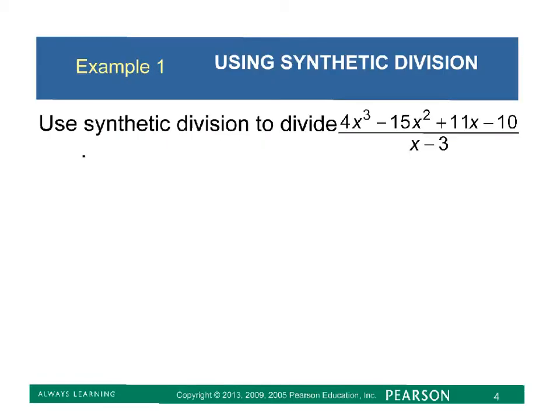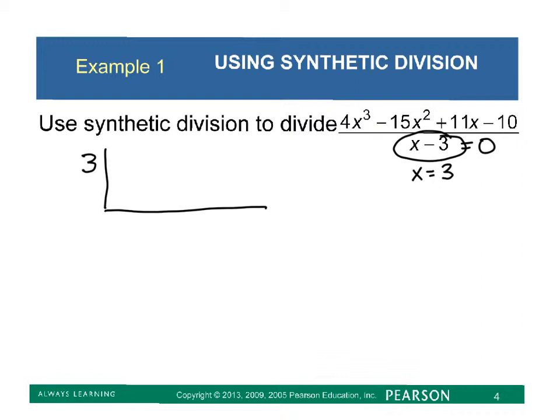Okay? In this example, what we're going to do is use synthetic division to divide these two polynomials. And how I'm going to tell you to start is always take your denominator, set it equal to 0, and solve for x, which is x equals 3. That is going to go on the outside of our synthetic division setup.